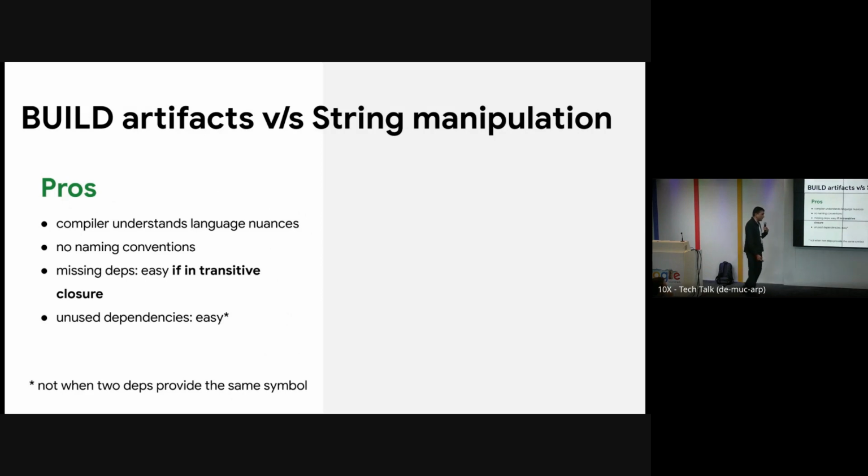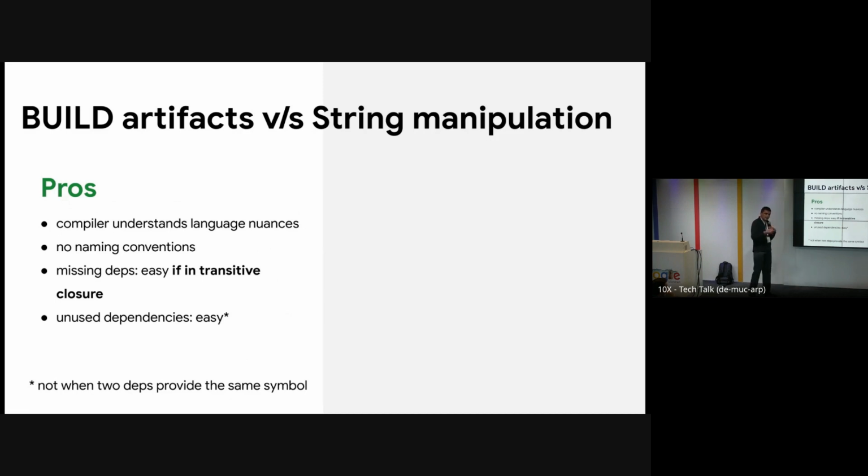In this case, the compiler understands all the language nuances, so you don't have to worry about it. You don't have to worry about naming conventions because you don't care. And if you're missing dependencies, then if the right dependency happens to be in your transitive closure, then it's easy because you have done this, getting this list of requires and provides for your, let's say you run an aspect, right?